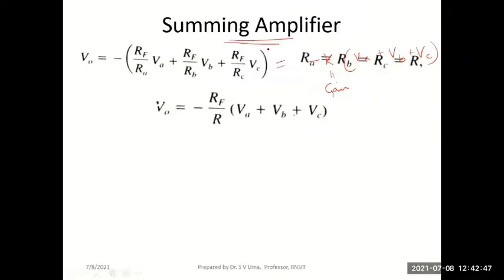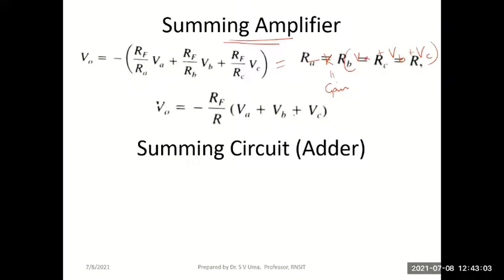So please remember all these, it will be helpful for you to solve problems correctly. If you remember these things, when it will just take a sum and amplify, as soon as you see this, you'll be able to draw the circuit, and if you see the circuit, you should be able to solve the equation.